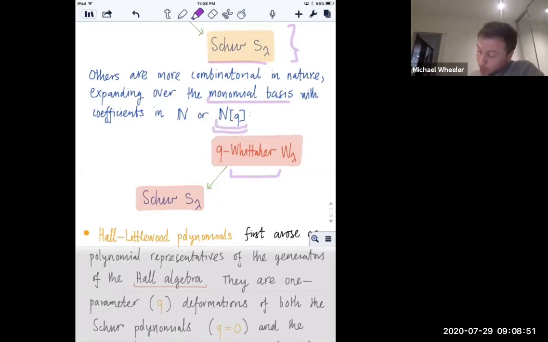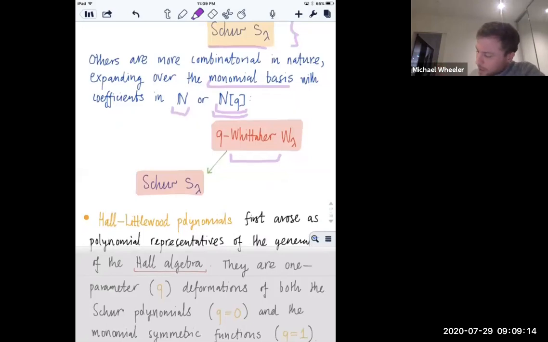They're going to be polynomials in q with positive coefficients. Likewise, in the case of the Schur functions, it's very well known that when you expand over the monomial basis, the coefficients will just be the naturals. It's for this reason that I say q-Whittakers are combinatorial in nature, because they have this positive expansion over the monomial basis.